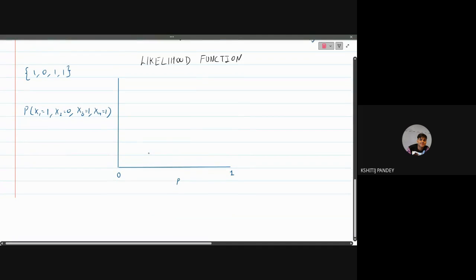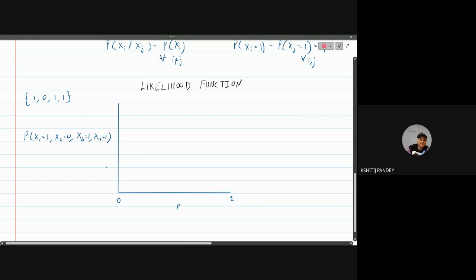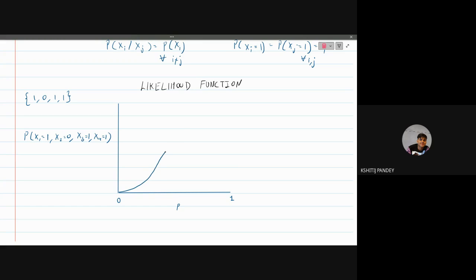Now, for different values of p, the probability of this data getting generated will be different. When p is equal to 0, this data cannot be generated, same when p is equal to 1. And for this observation, the graph will be somewhat like this, roughly.